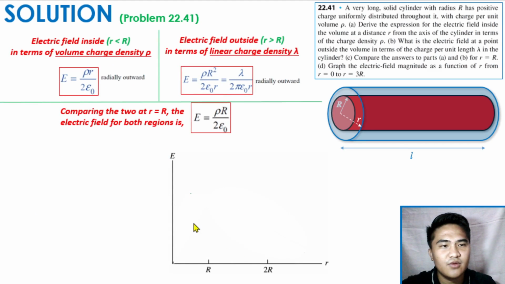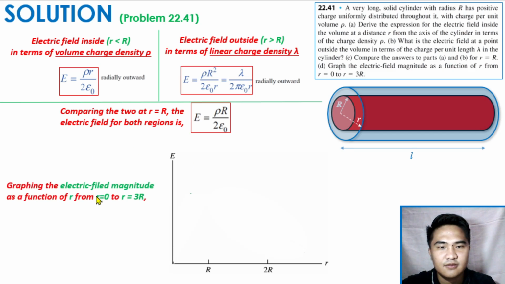For the last part, we are to graph the electric field magnitude as a function of small r from r equal to 0 to r equal to 3 big R. First, let's graph the electric field inside using this equation. As you can see, it is directly proportional.